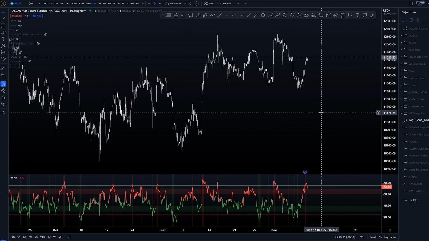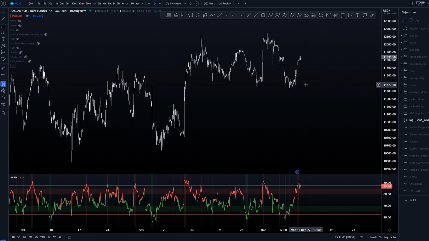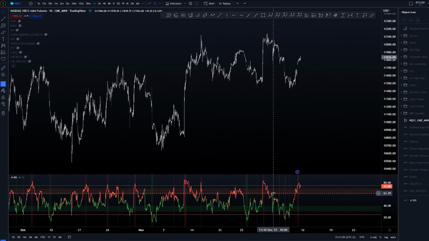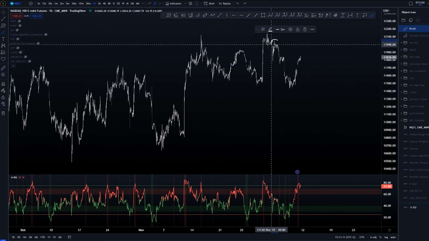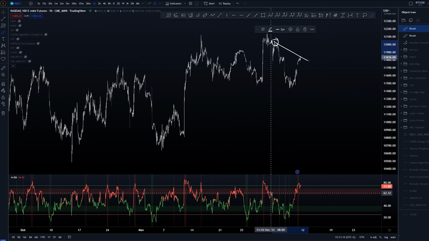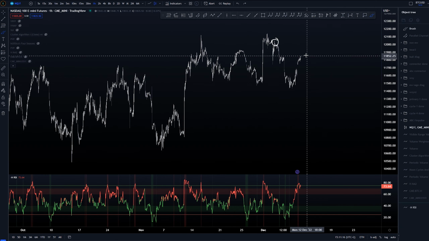Now let's get into the actual price here. Or actually, before we get into the charts or the counts, I just wanted to mention that we are getting some divergences happening here. We can see that from all of these structures. Those are going to be pushing us down a bit.